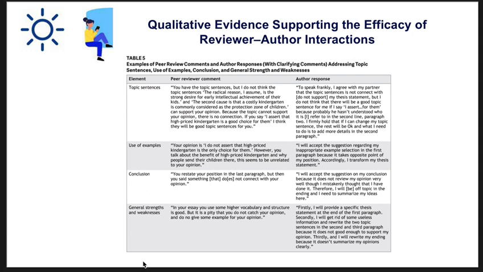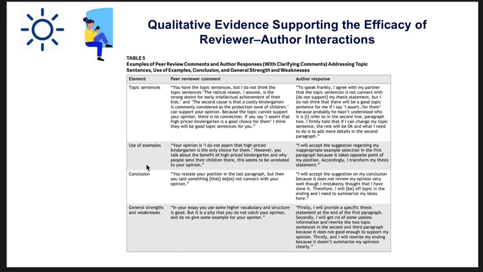In the example in Table 5, the peer reviewer notes that the author's topic sentences don't seem to support the position taken in the essay. And the second interaction is related to topic sentences but focuses on examples intended to support these sentences.